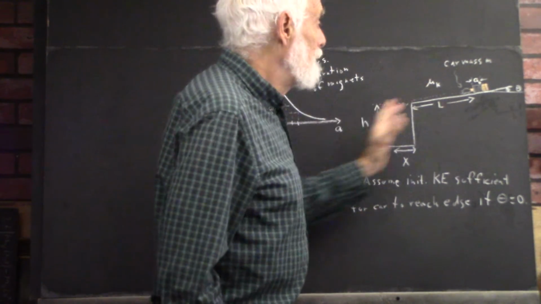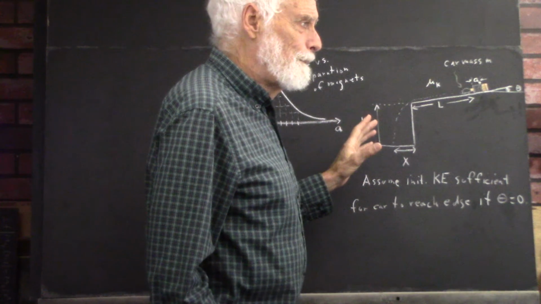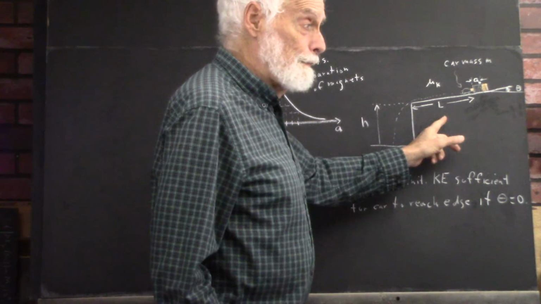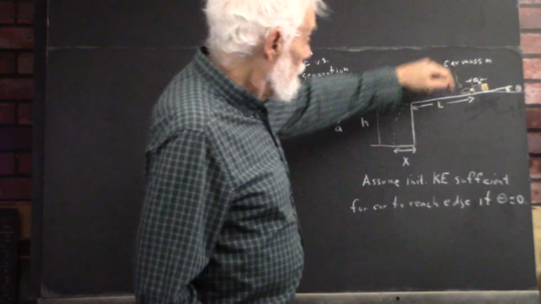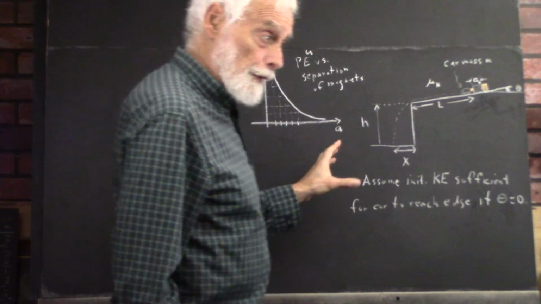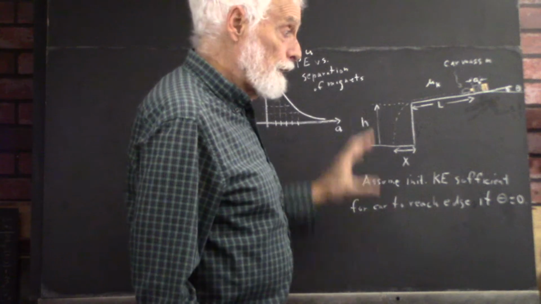So you might think about how the information would be if what you don't know is L, but you know everything else. Or maybe you don't know the initial potential energy, but you know everything else. How can you find that?